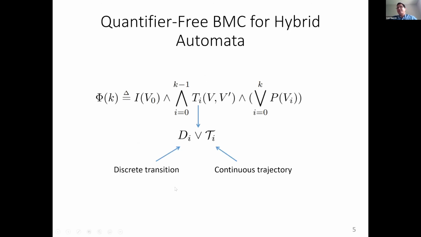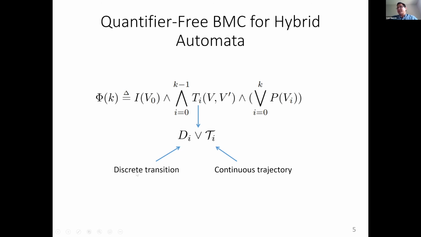So the quantifier-free bounded model checking for hybrid automata is pretty similar to the quantifier-free bounded model checking for transition systems in general. The only difference here is that now we have a transition relation that includes two different types of transition.